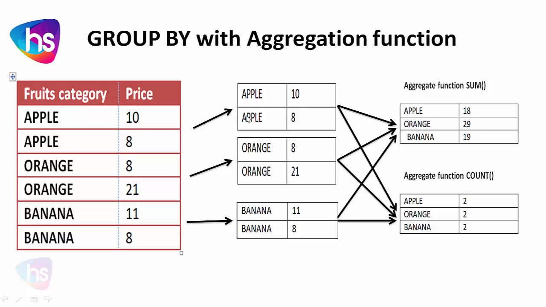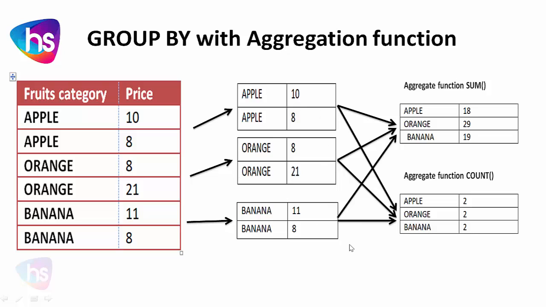You see one small box I have taken for apple. It will be segregated into the apple category, and oranges into the orange category, with their respective prices. Only two columns are chosen here, and banana is one more category, so we see three categories in this presentation.